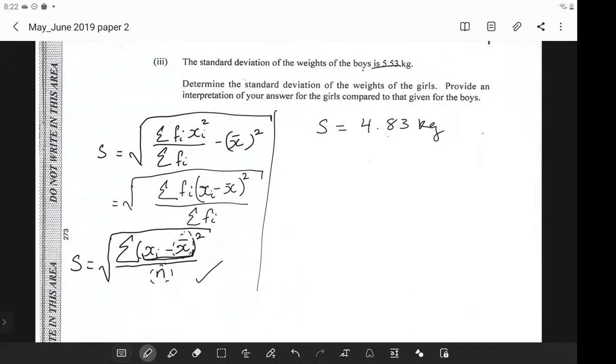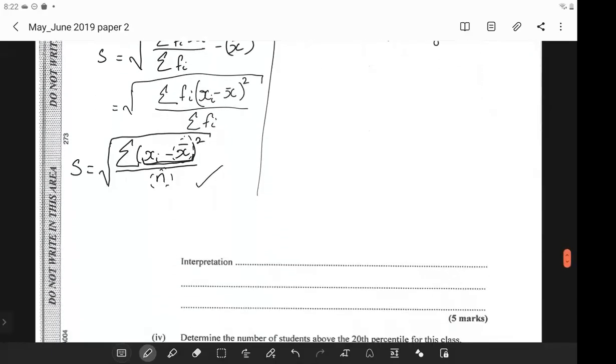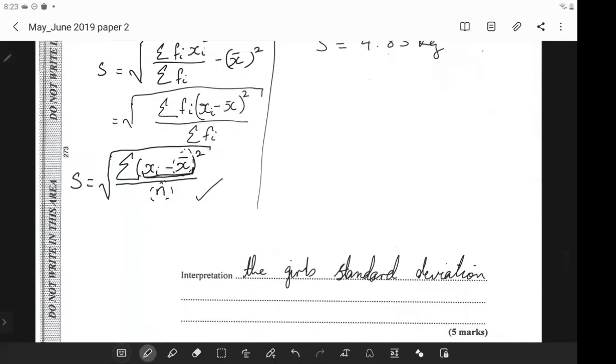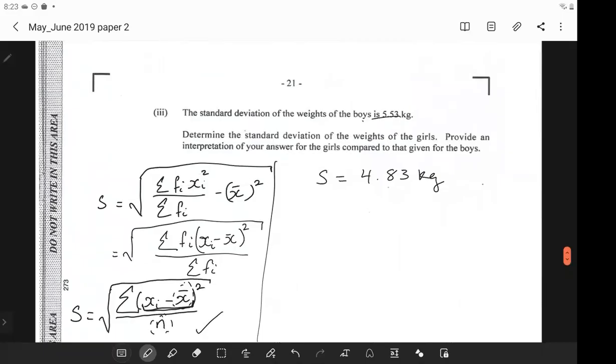Now, what does this mean? Well, recall that standard deviation gives a spread of the data. So the higher the standard deviation, the more spread out your data is. So we could say that the girls' standard deviation, now they tell us to compare it to that of the boys.